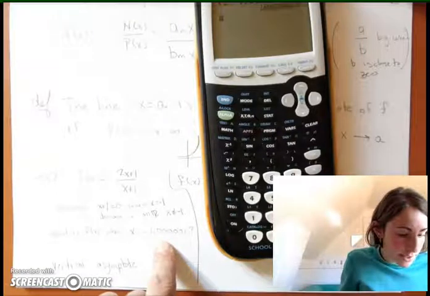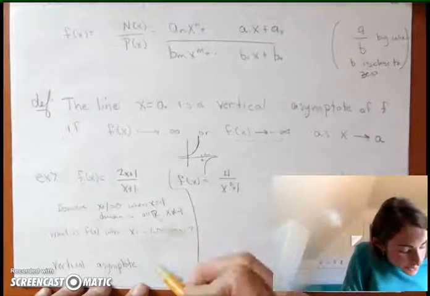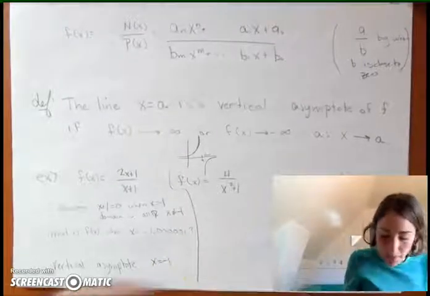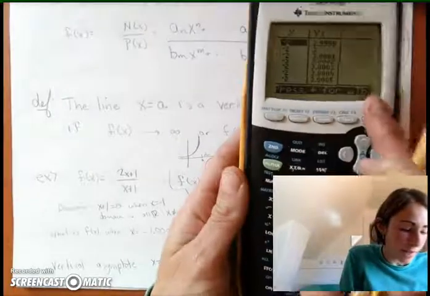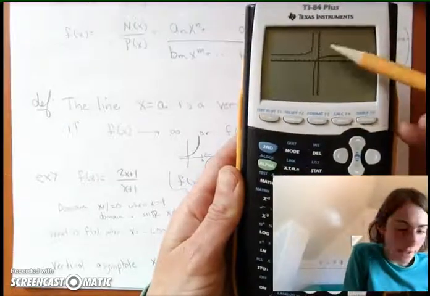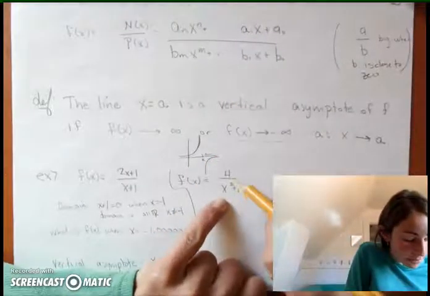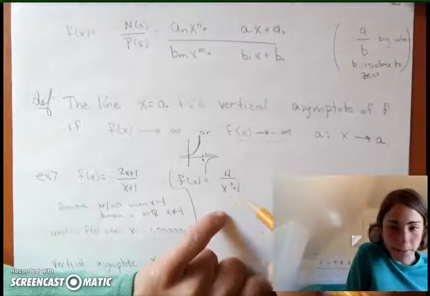Well, what is this? A huge number. So this tells us we have a vertical asymptote at x equals negative 1. And we also observe that from the graph, because at negative 1, the graph starts to look like a vertical line.